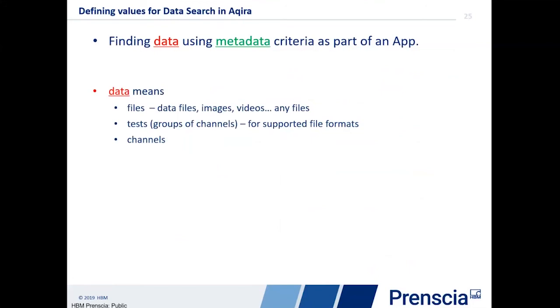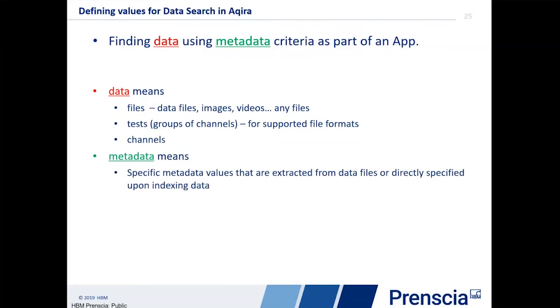And data can also mean tests, where tests are a group of channels for supported file formats. So that might be time series data, or maybe histograms or frequency spectra in groups of tests. And then within those tests, the individual channel measurements or results.